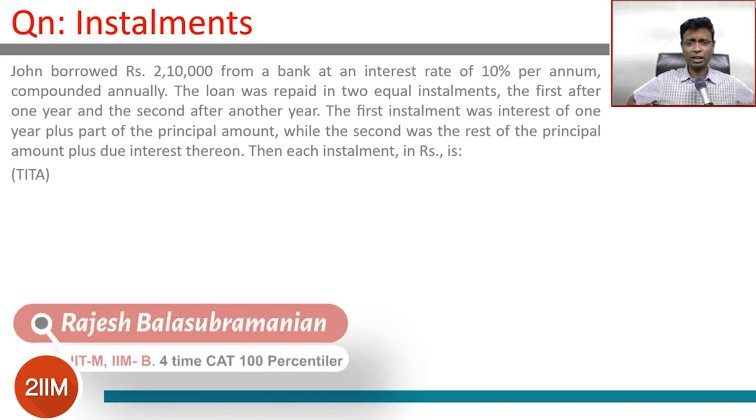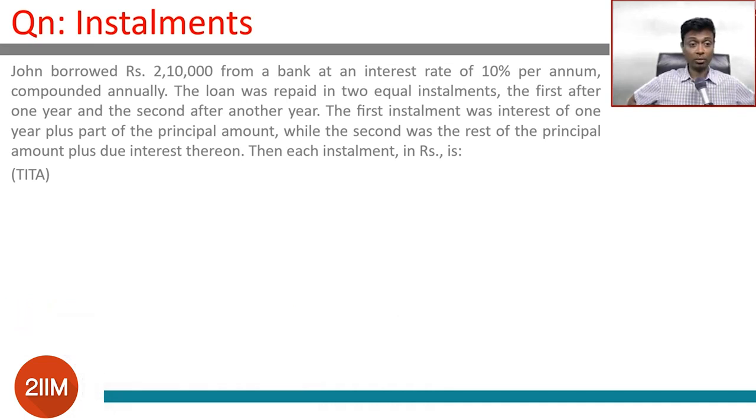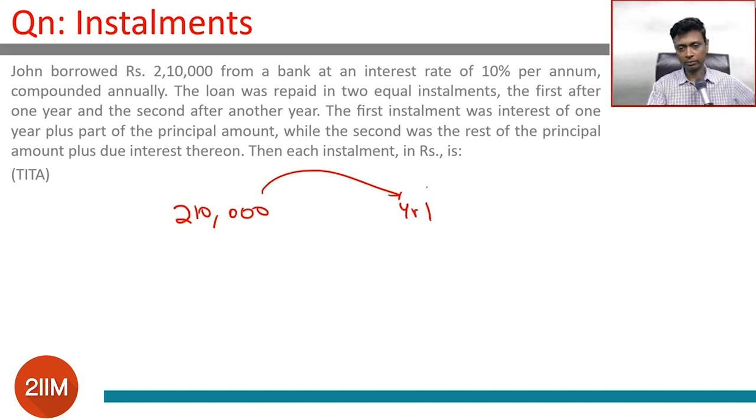The loan was repaid in 2 installments, the first after 1 year, the second after another year. The first installment was interest of 1 year plus part of the principal amount, while the second was the rest of the principal amount plus interest thereon. So 210,000, year 1 and year 2.